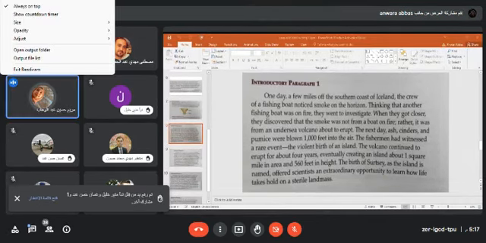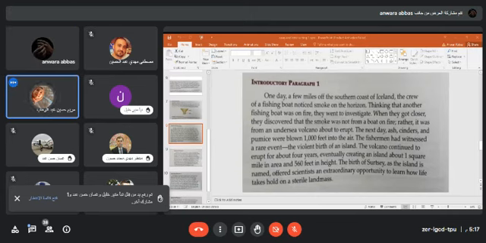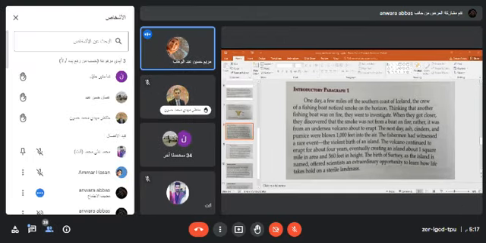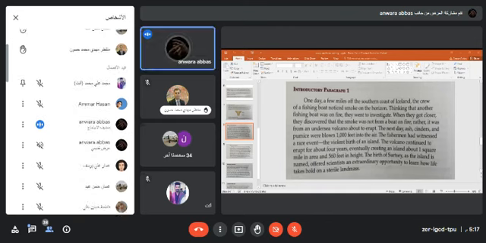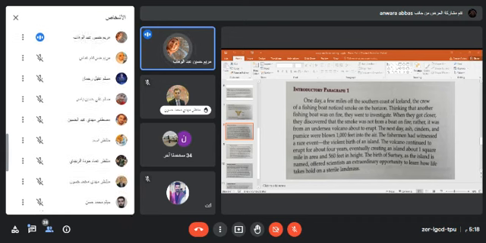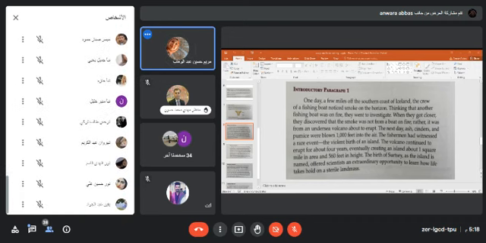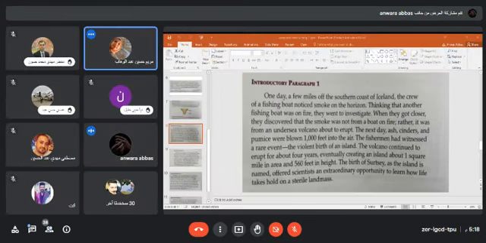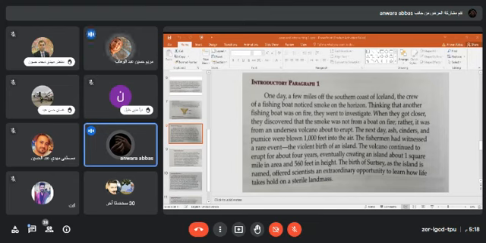The volcano continued to erupt for about four years, eventually creating an island about one square mile in area and 1,560 feet in height.